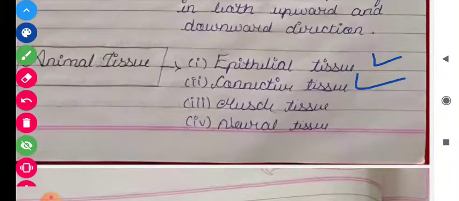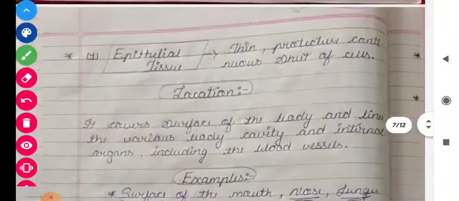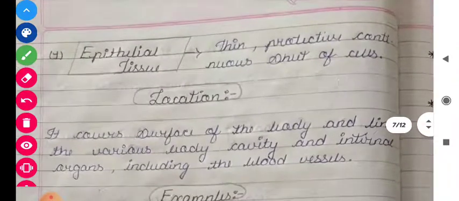Second is connective tissue. Third is muscle tissue. Fourth is neural tissue. You will ask, sir, we don't understand what these tissues are exactly trying to say. So let us try to understand epithelial tissue first.